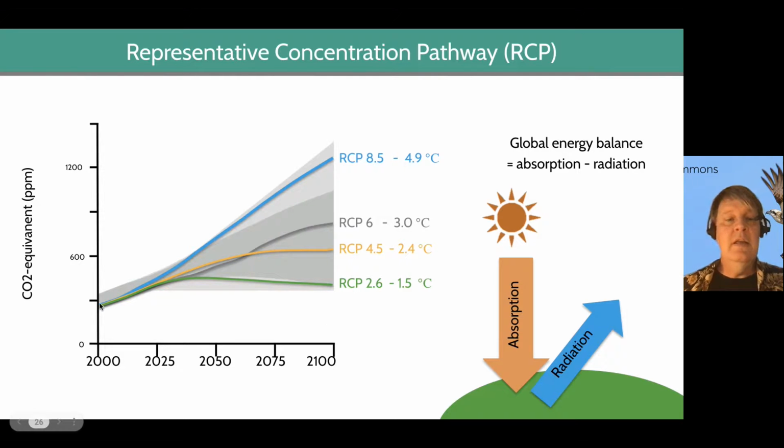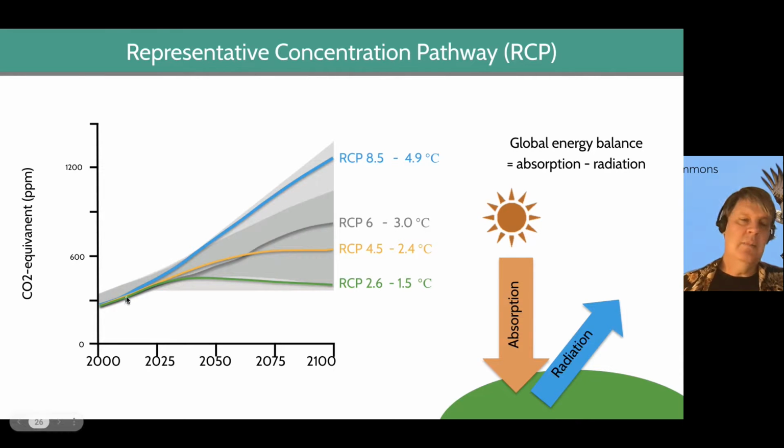So if we stop generating excess greenhouse gases and even stabilize them almost right now, we're still going to get a rise in temperature, but that's likely going to stabilize if we act on climate change. And that's called the representative concentration pathway. So that's our one pathway, 2.6 it's called, but that equates to about 1.5 degrees Celsius of warming.